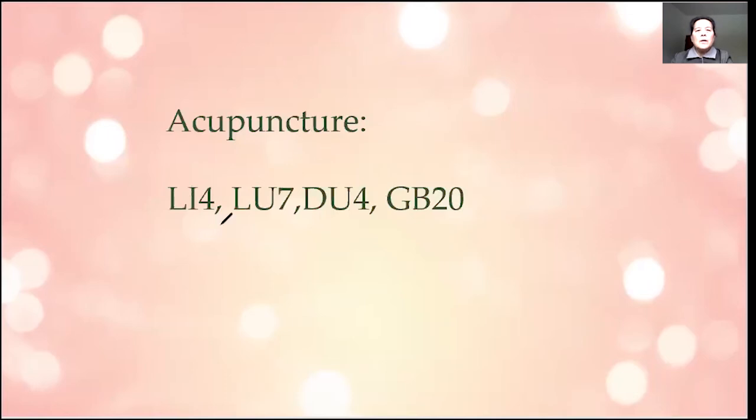The points we use are similar to what we discussed for common cold EPI emitting, like LI 4, Lung 7, and Du 4, which is basically for warming internally and building up the children's bodies, and Gallbladder 20 for wind.